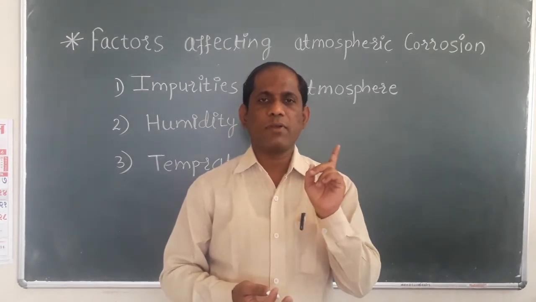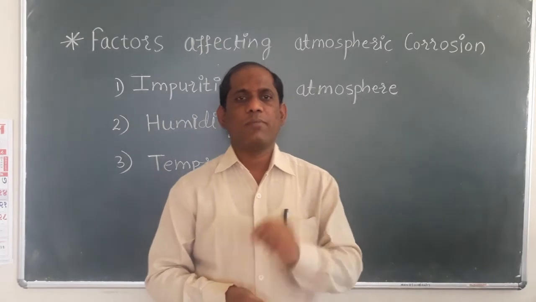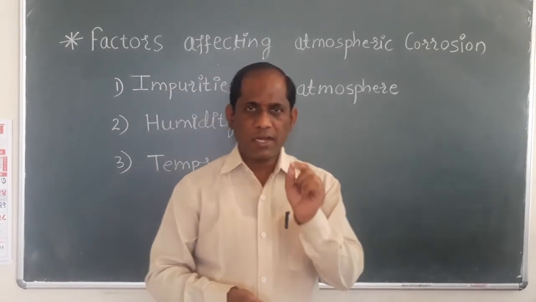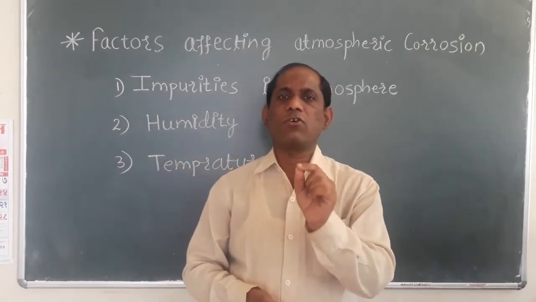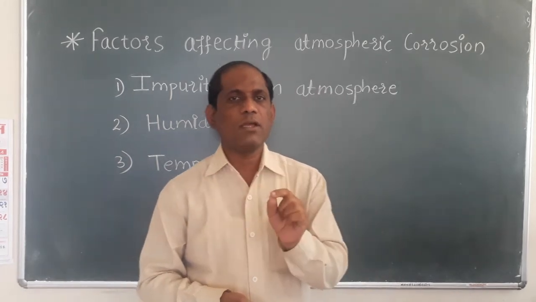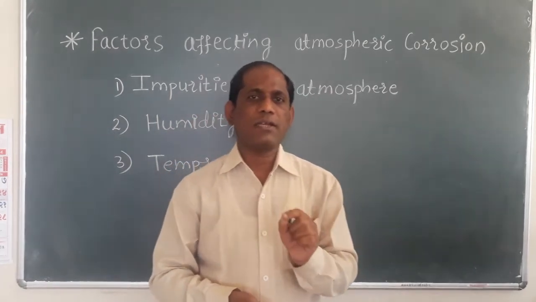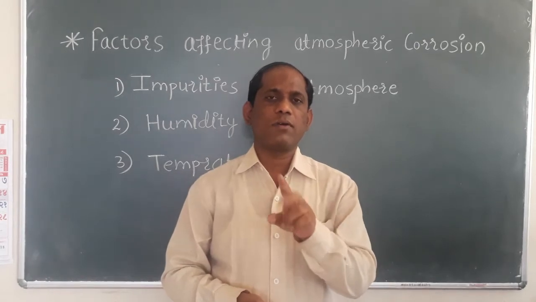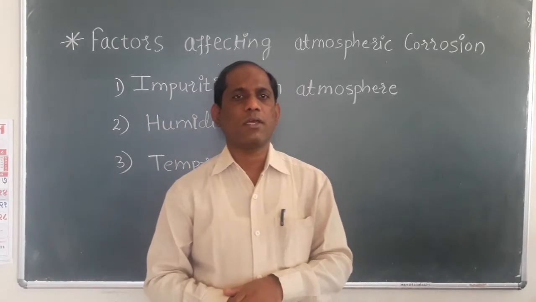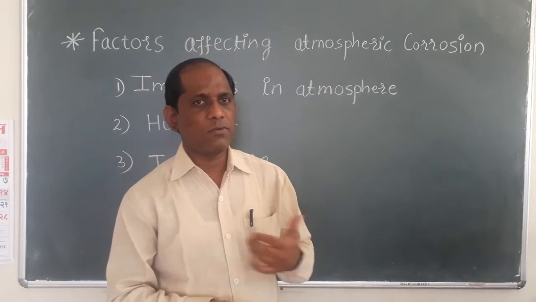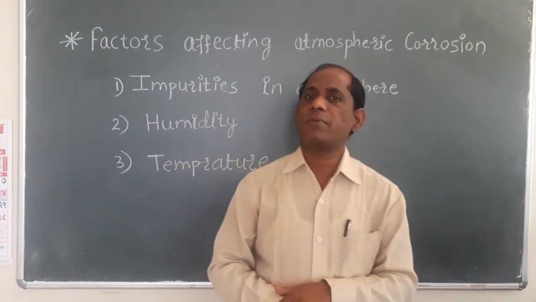In the previous lecture we studied the second type, the rate of electrochemical corrosion. Today we will study the factors that affect the first type, atmospheric corrosion. Before going to this point we should know the definition of atmospheric corrosion.